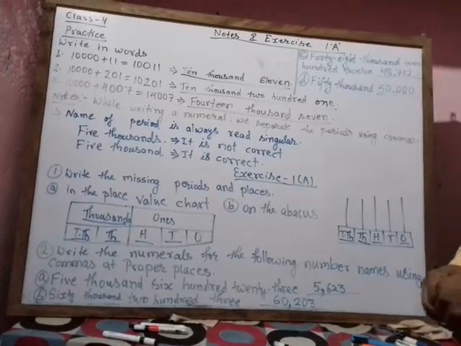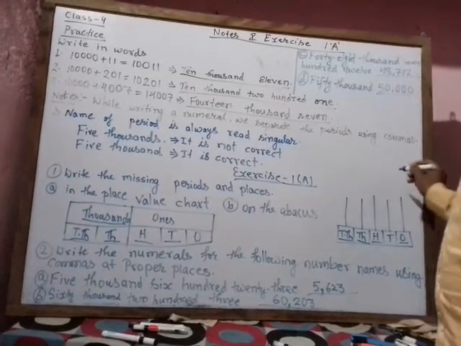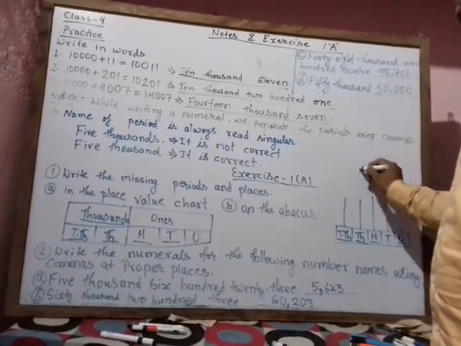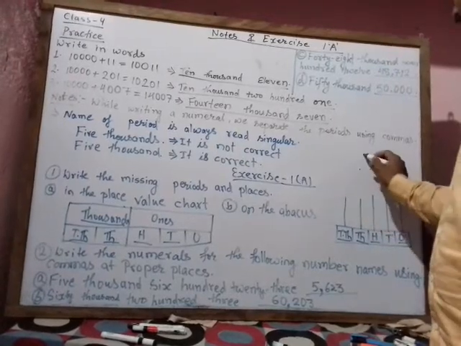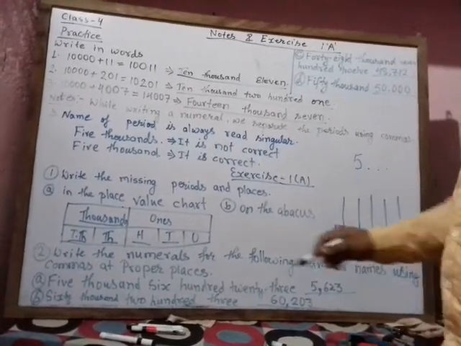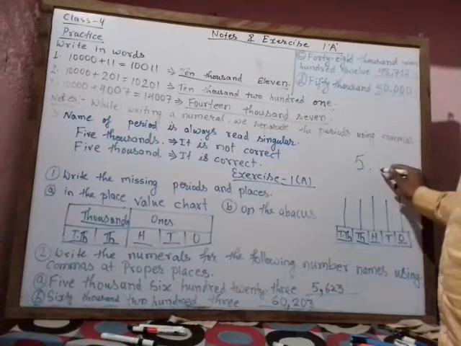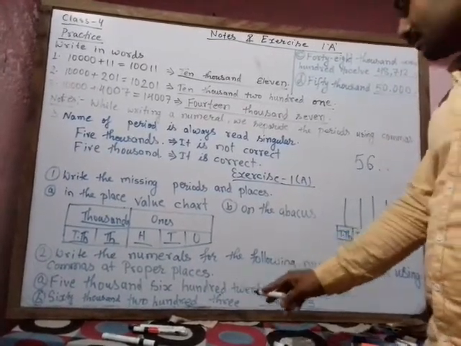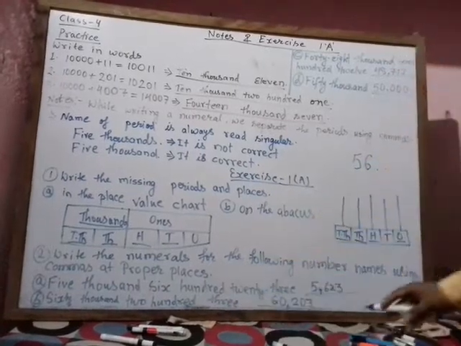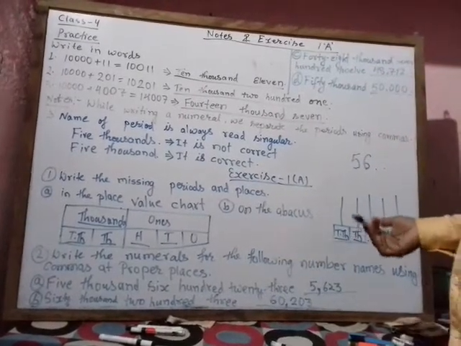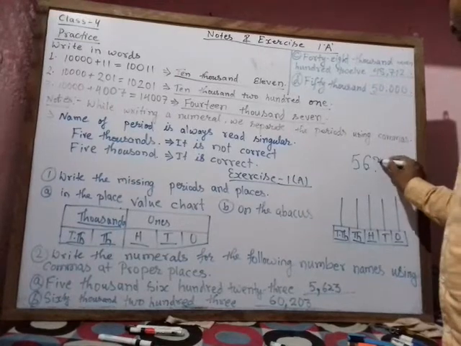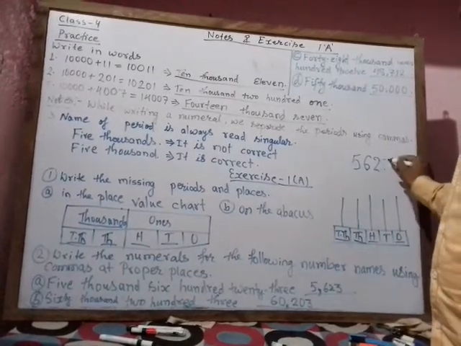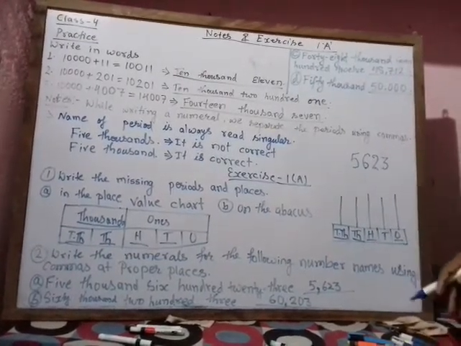While writing, many students make mistakes. So what we will do is count ones, tens, hundred, thousand. In the place of thousand there will come 5. Then 600 is there, so in the place of 100, 6. And then 20 is there, so in tens place there will come 2. 2 tens is 20. And 3 is there, so in ones place 3. In this way it will be written.